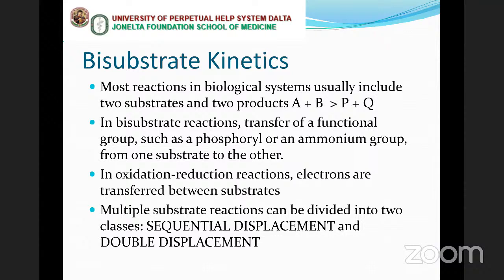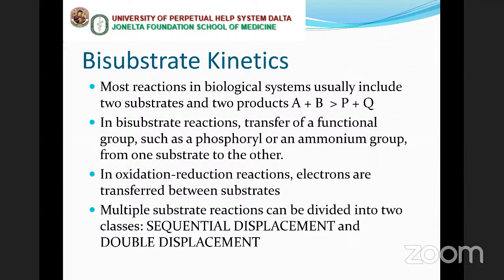Your enzyme reactions, your biochemical reactions would occur simultaneously, one after the other. Thereby, most reactions in our biochemical systems would include two substrates and two products, as shown in A plus B would produce P plus Q.